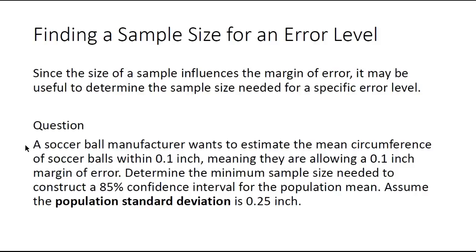What that means is they're allowing for 1/10 of an inch of error. So we need to figure out how many soccer balls we should look at if we're going to construct an 85% confidence level. And we need the population standard deviation, which they're giving us as 0.25.